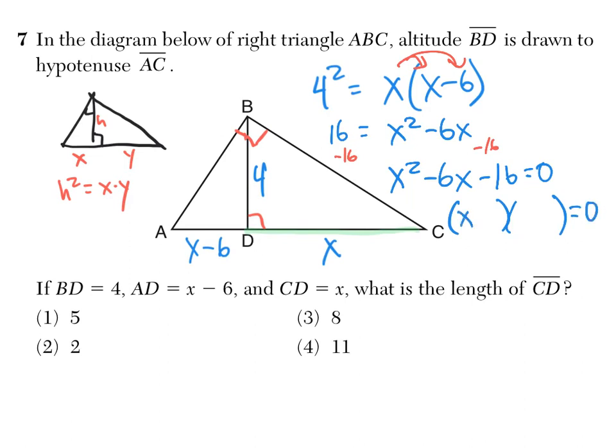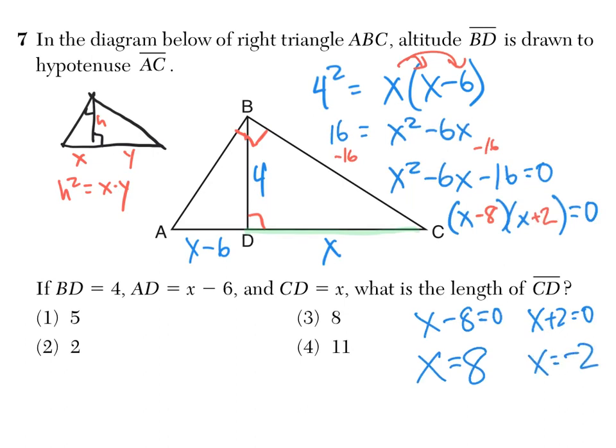Well, I know, of course, x times x is going to give us x squared. And I also recognize that negative 8 and positive 2 will give us, when foiled, x squared minus 6x minus 16, right? And so now because these are set equal to 0, we've got x minus 8 equals 0, and we've got x plus 2 equals 0. So x equals 8 or x equals negative 2.